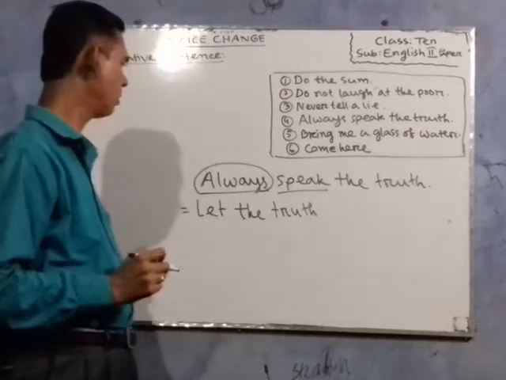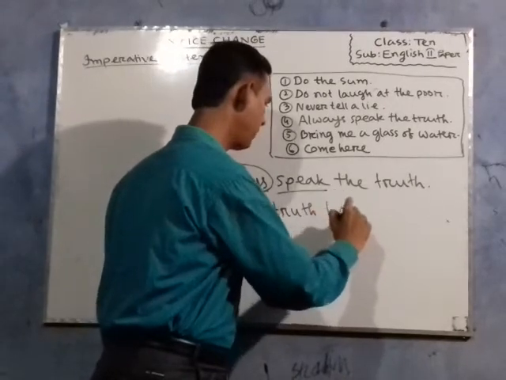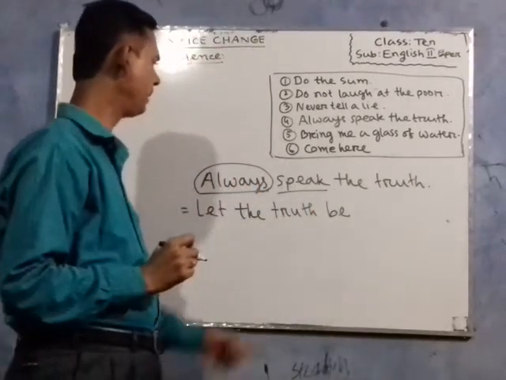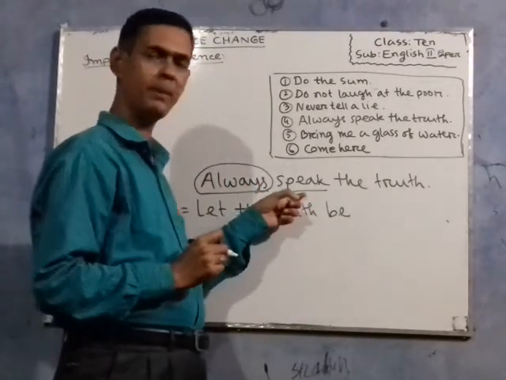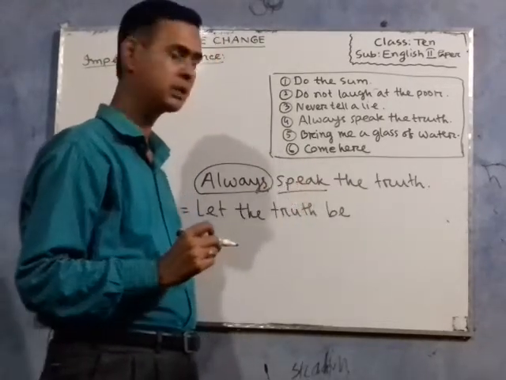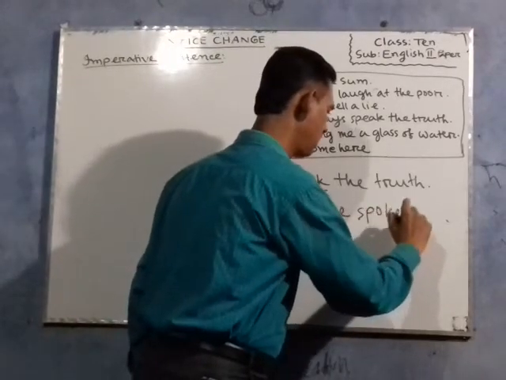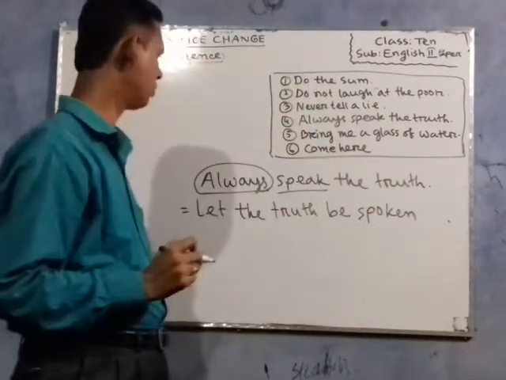Let the truth. Then after the object, "be" will be used. Then after "be", the third form of the verb will be used. So the third form of the verb speak will be "spoken". Let the truth be spoken.